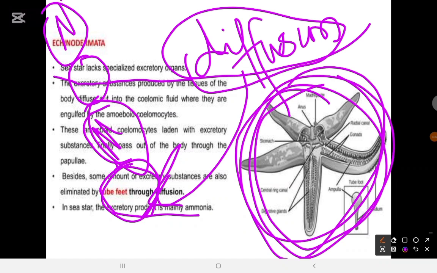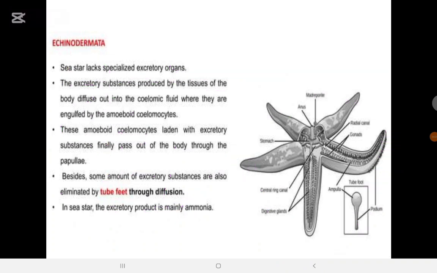So some authors say that echinoderms are more advanced, while the author I use, which is a more recent classification, says the echinoderms are actually more advanced than the arthropods. Is that okay? Yes, the echinoderms are more advanced than the arthropods. That's what I said.